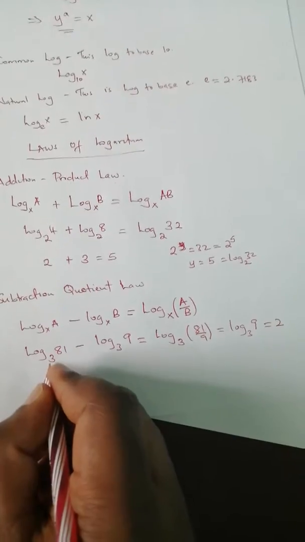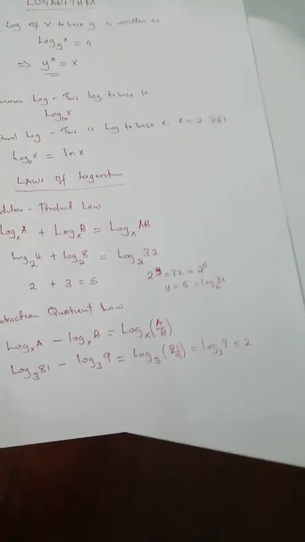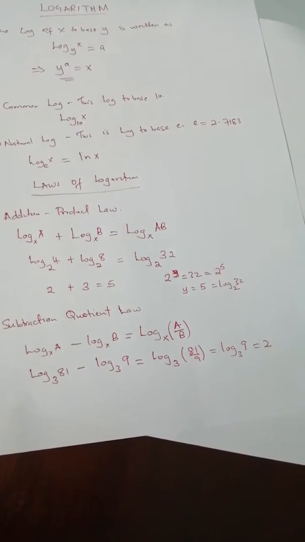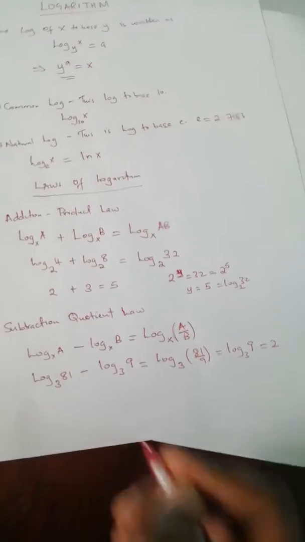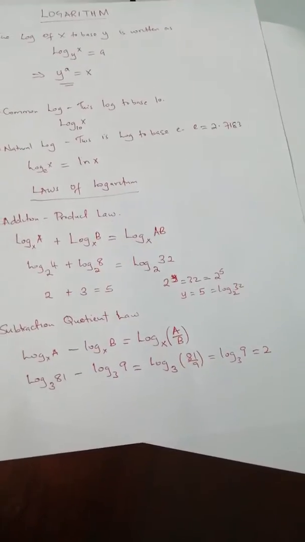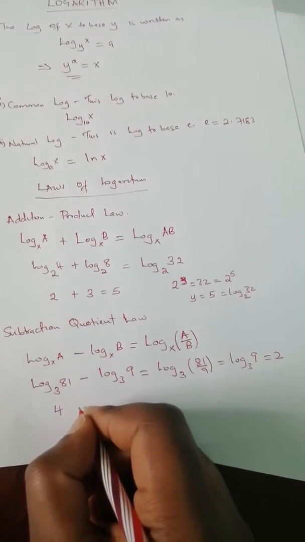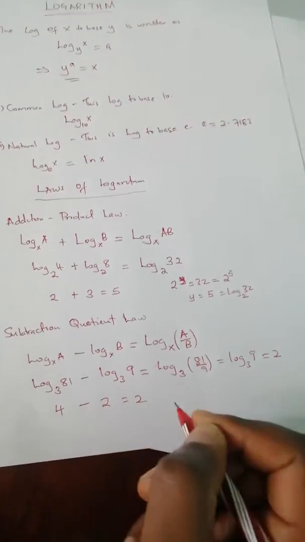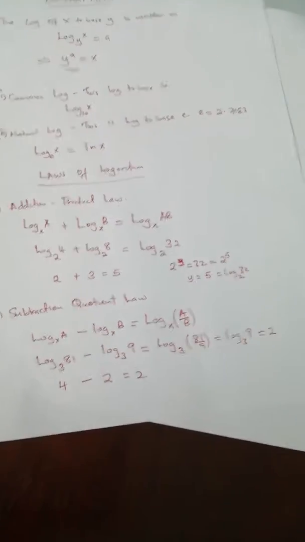So to prove that, what is log 81 to base 3? That is the same as 4. Then you subtract 2, and you get 2. Hence we can see that rule is correct.